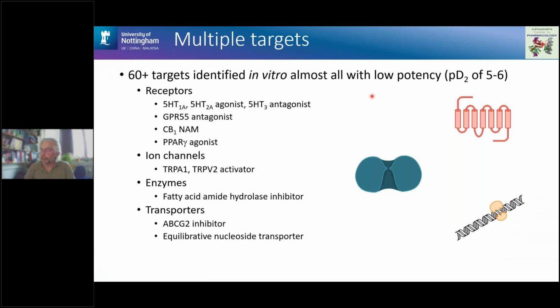But one of the things to note about this is that generally these are pretty low potency. So when we observe these effects in vitro, it's really difficult to extrapolate to what effects we can see for CBD in humans in vivo. So the identification of an individual target is lacking.